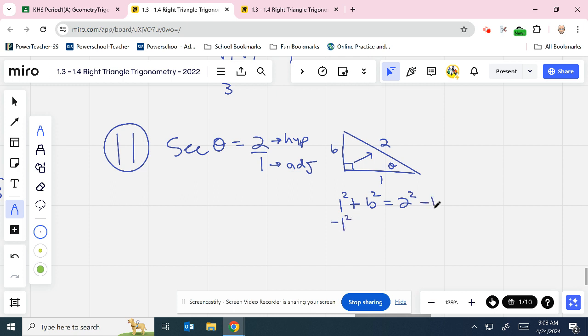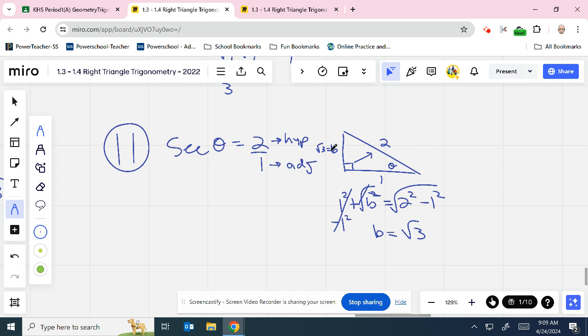Subtract 1 squared on both sides and square root both sides, but leave our answer in the radical. So I need radical 4 minus 1. So that's going to be radical 3, right? Radical 3, because that's 4 and that's a 1. So 4 minus 1 is going to be a 3 inside the radical. So that's my little b side, is radical 3.